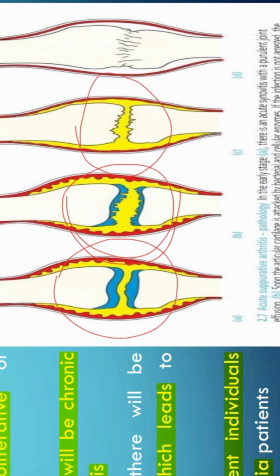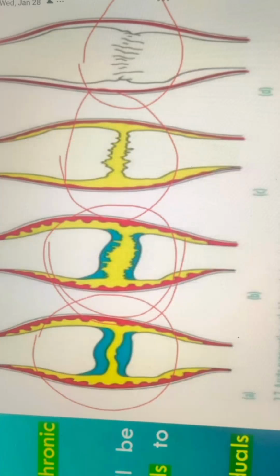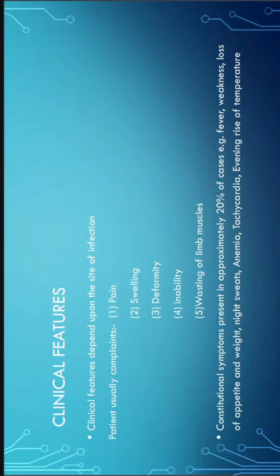After that, look at the C image. There will be complete destruction of the articular cartilage, and after that, at the healing phase, there will be D, that is the bony ankylosis. Bony ankylosis forms due to the complete loss of the joint space.